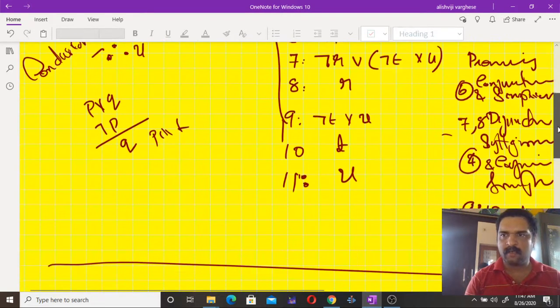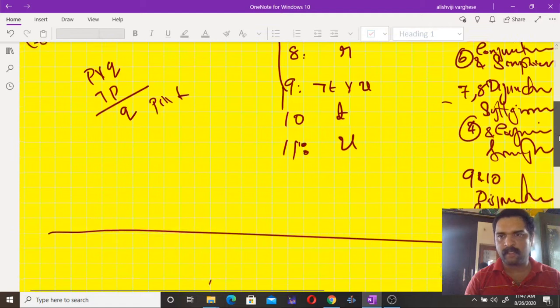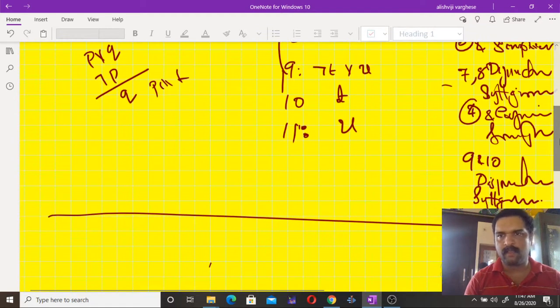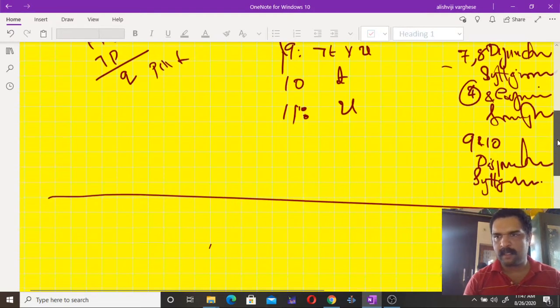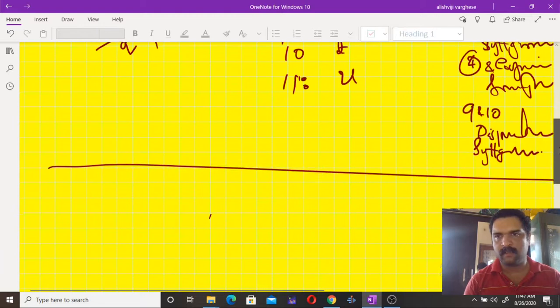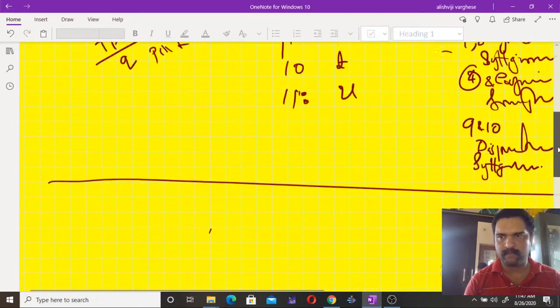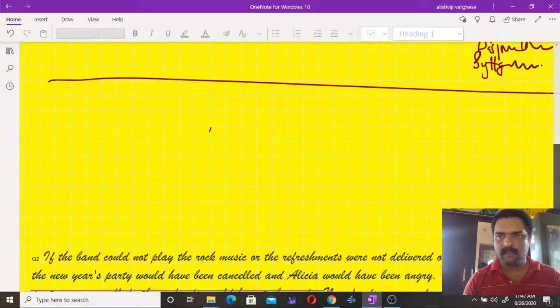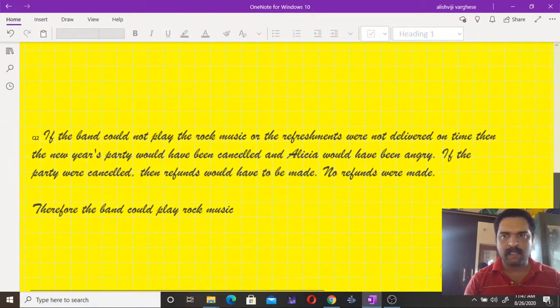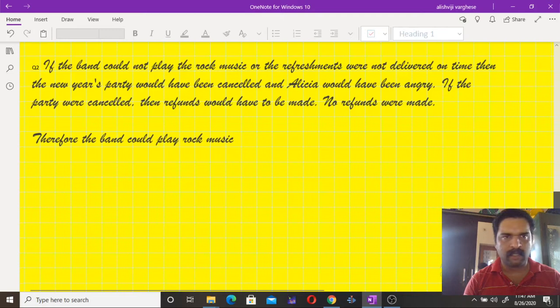What we have to develop is a step-by-step procedure which ends up in our conclusion. So this is one example, and let us have another example.